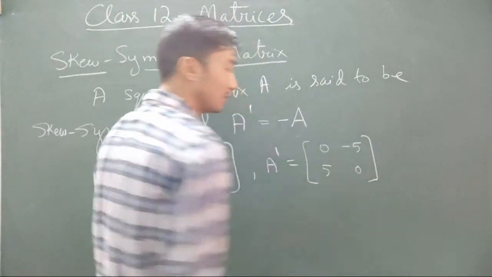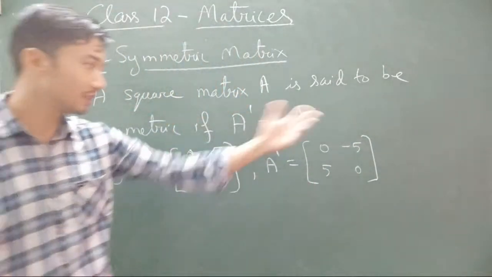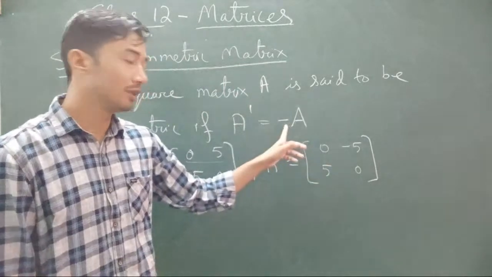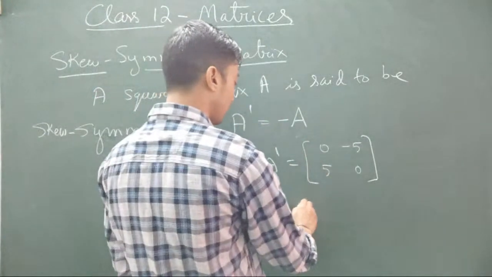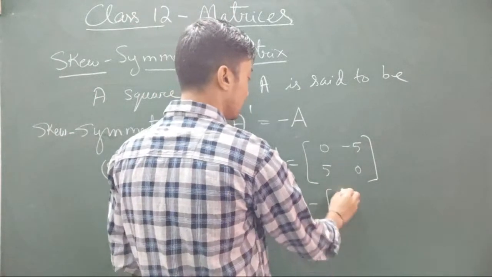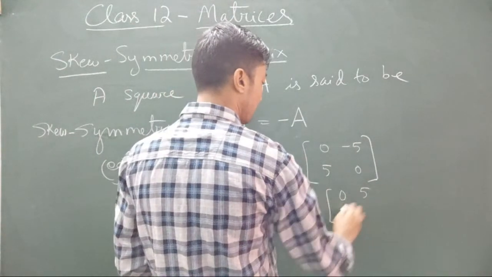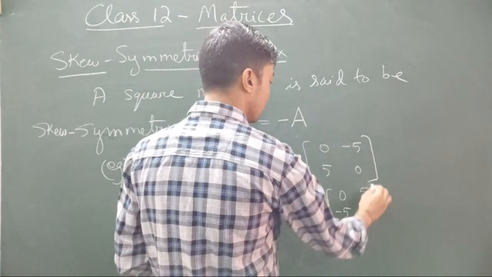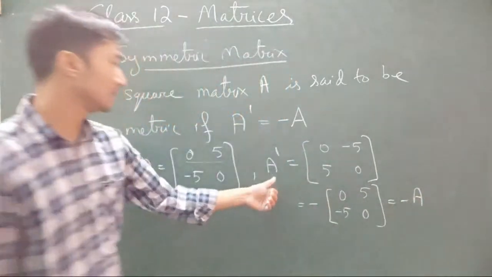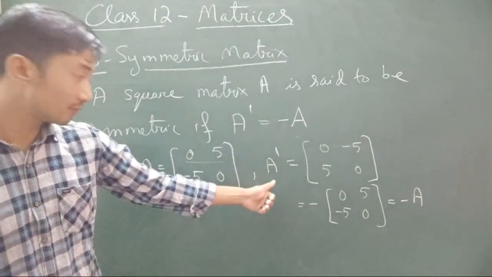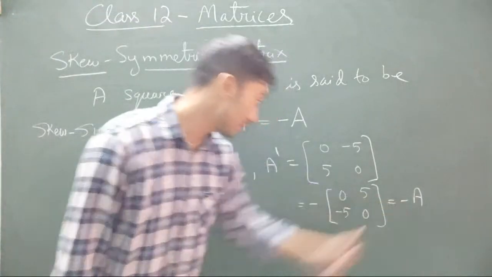Remember, we are not trying to deal with a symmetric matrix, so don't expect to get the exact same matrix. We expect to get negative of A. That means if we take minus 1 common, then 0, it becomes plus 5, minus 5, 0. And this is the matrix A. So now here we can see that A transpose will provide us the result minus of A.